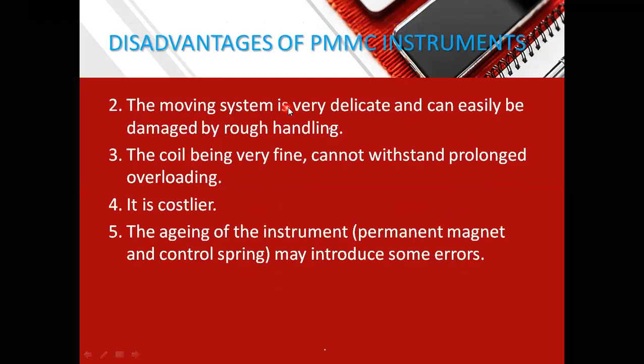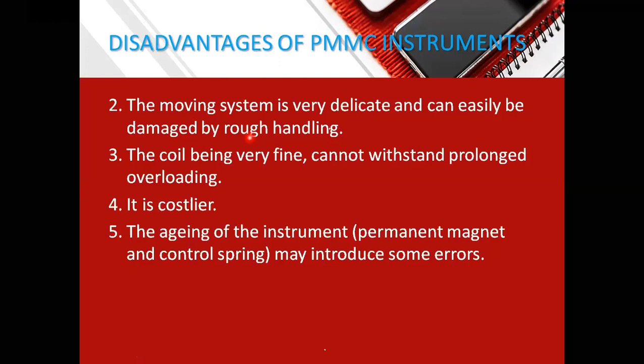The moving system is very delicate and can easily be damaged by rough handling. This is a disadvantage. The moving system carries a coil, which is very delicate, and the joints with the spring, because the spring is used for conduction, closing the circuit.